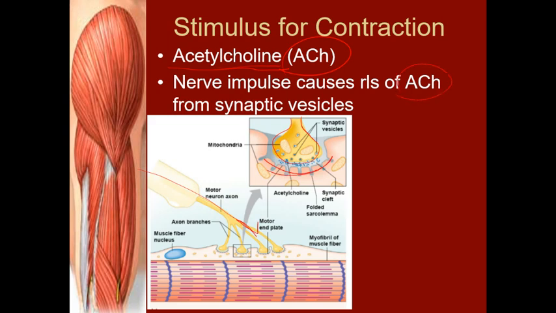And that interaction is going to be caused by a neurotransmitter called, in this case, acetylcholine. They get released from those synaptic vesicles that are located in the motor neuron, and they travel through that cleft, and then they bind to little receptors on the muscle cell itself, and that then causes a series of actions on the muscle cell to allow for contraction to occur.